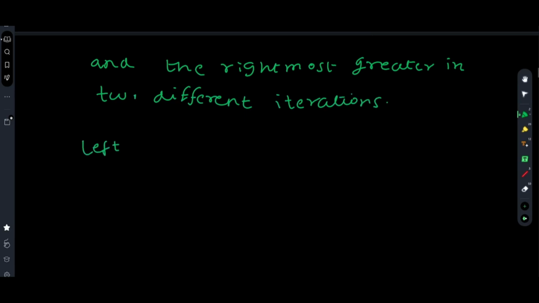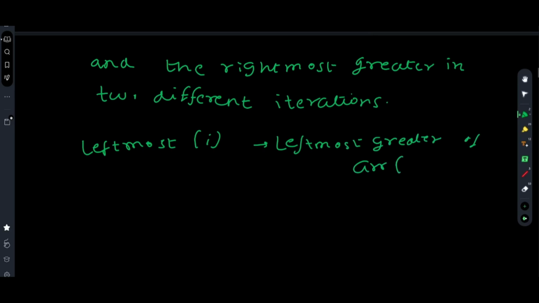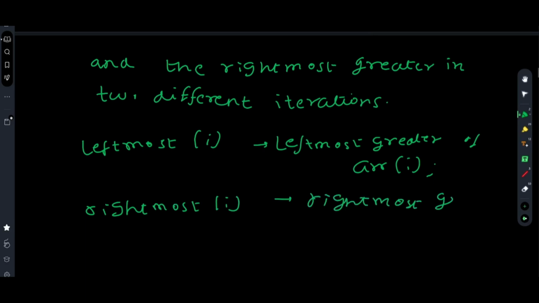Let's say leftmost of i gives the leftmost greater of arr of i, and rightmost of i gives the rightmost greater of arr of i.